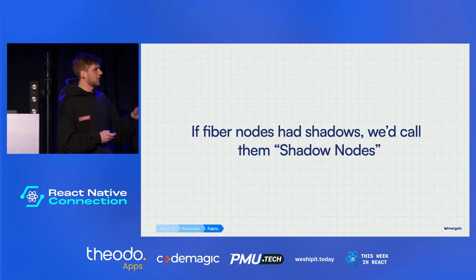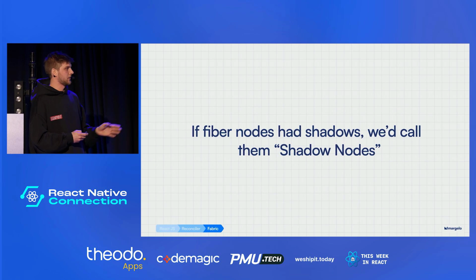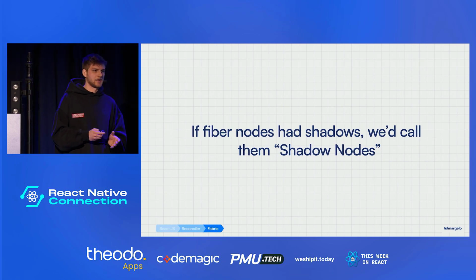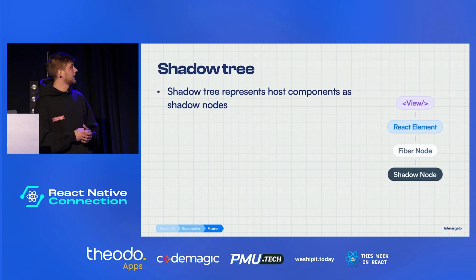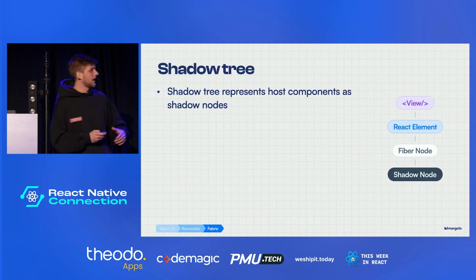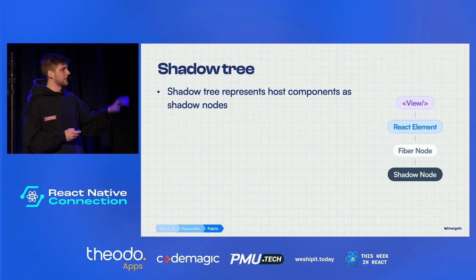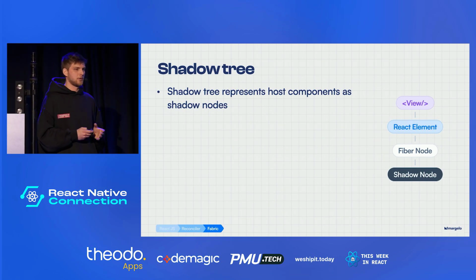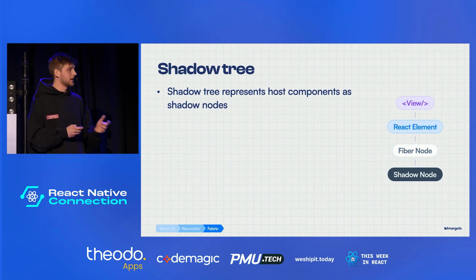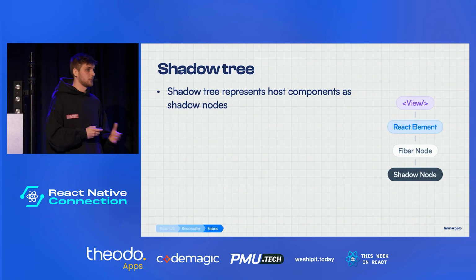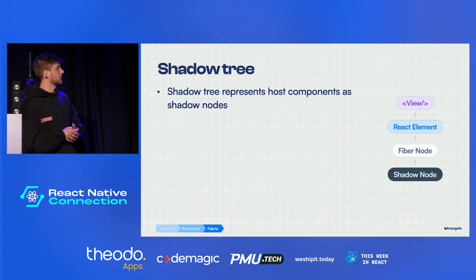So if we think about our fiber nodes, if they had a shadow, we would really call them shadow nodes. And this is exactly the concept that Fabric internally in the C++ code has. It has those shadow nodes. So every time that we create a fiber node for a React host component, a React host component being like native components to the platform, on the web, that's maybe like a div or an image. On React Native, it's like our view or, I don't know, our custom native component.